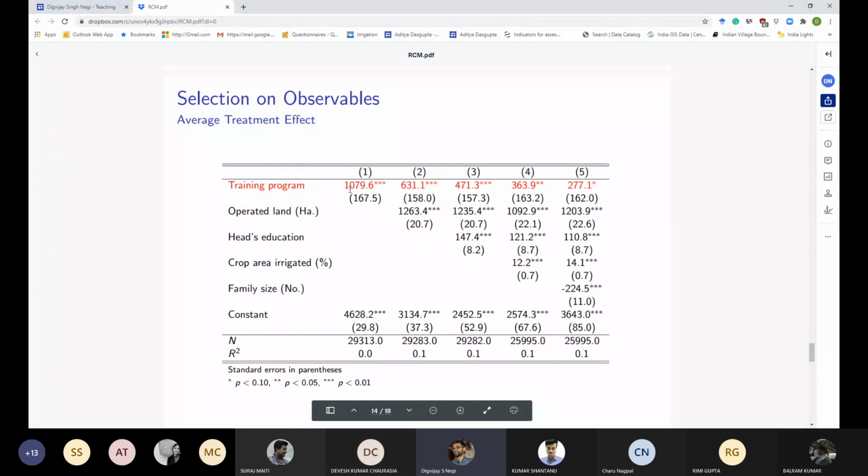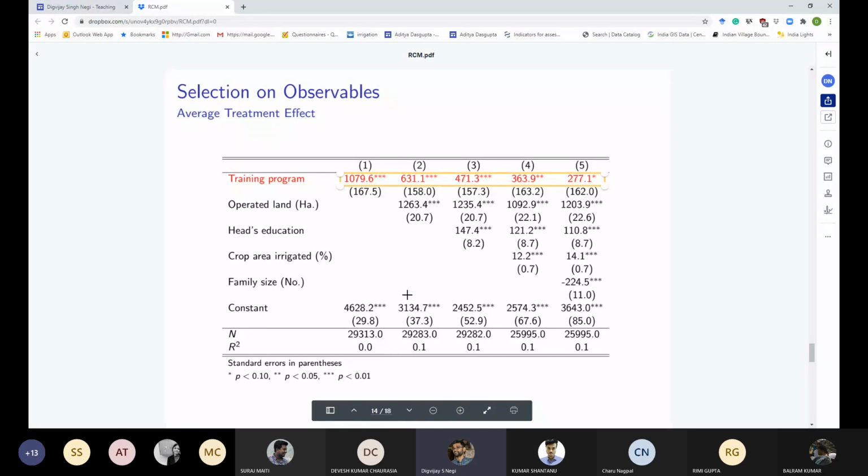So what I want you to observe here is the movement in this coefficient across these 5 specifications. Observe what is happening to the delta when we add these control variables. Do you see something peculiar happening? The difference is falling.